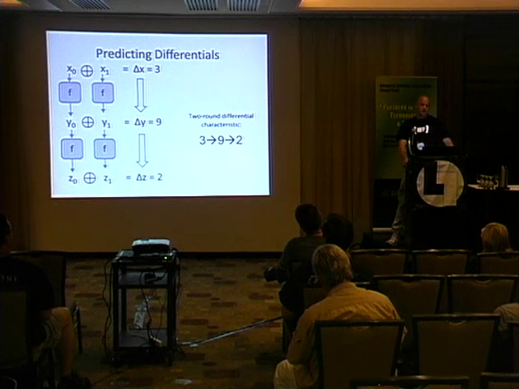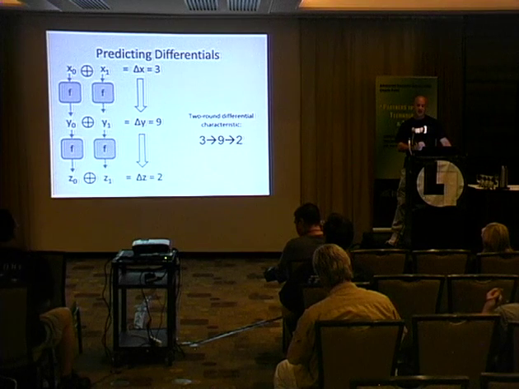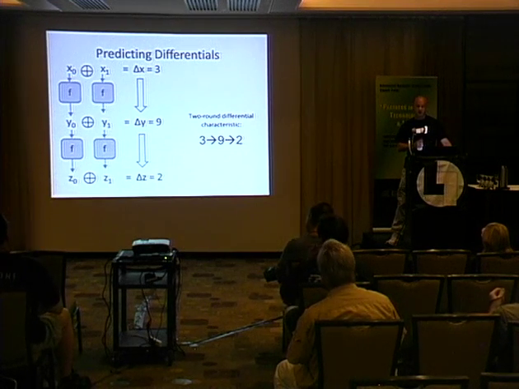whenever you send numbers through a function, through a block that does some transformation to them, parts of a cipher, in this case, you send both of these numbers, x0 and x1, through the function. You XOR them at the beginning, and you see what the input differential is.